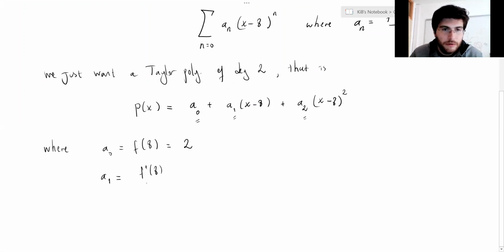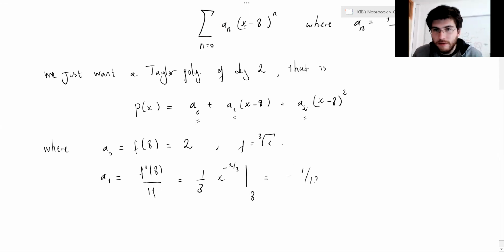a1 can be computed like this: the first derivative evaluated at 8 divided by 1 factorial, which is 1. And so what is it? Remember, f is the third root of x, and 1/3 here, x to the minus, okay, something like this, evaluated at 8. You just compute the value.